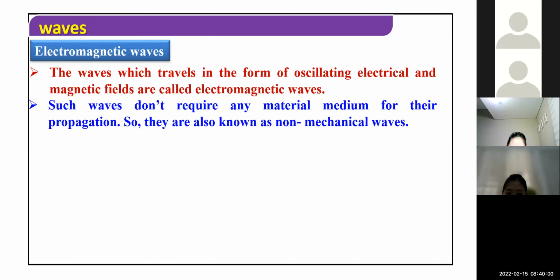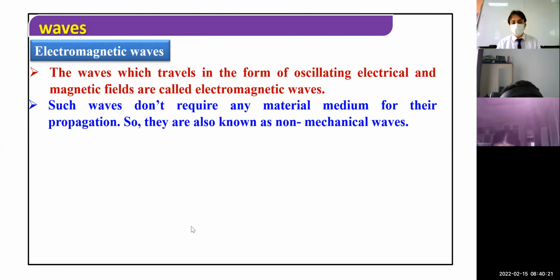This is the standard definition of EM waves, like the waves coming from the sun. Electromagnetic waves don't require any medium for their propagation, so they are also known as non-mechanical waves.